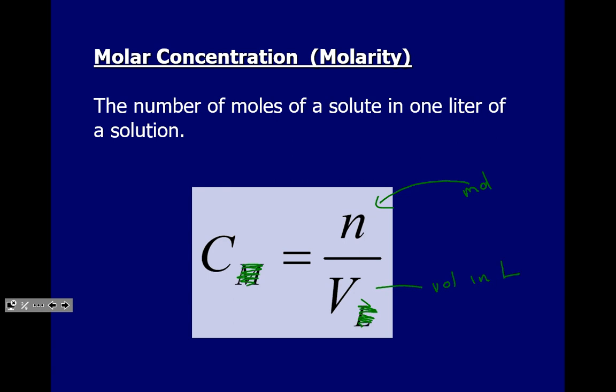So in order to be defined as the molar concentration, it needs to be in liters. Now, it can be in milliliters under certain conditions, and I'll explain to you how. If we have moles divided by liters, we get a concentration in moles per liter. Moles over liters. Now, there's an old way in which this is expressed.